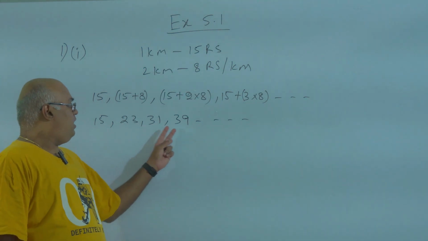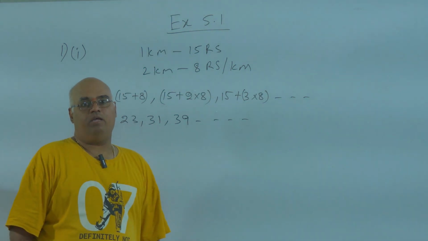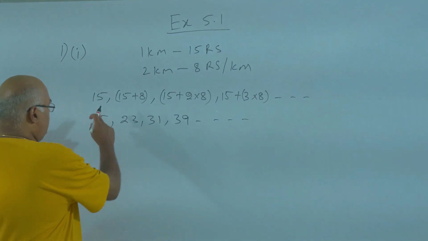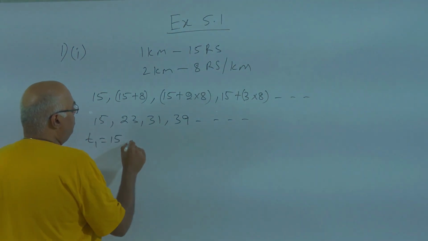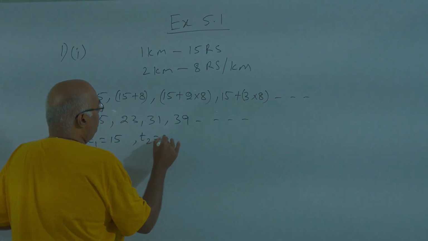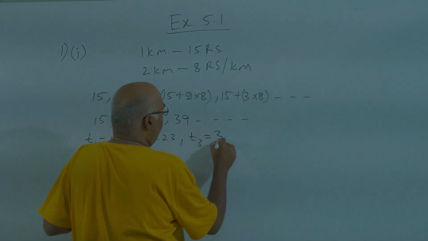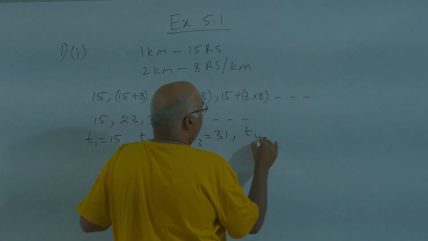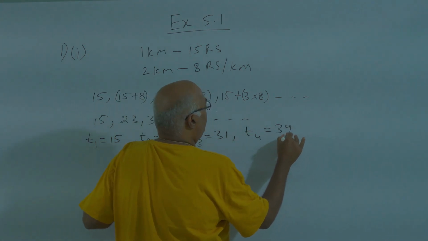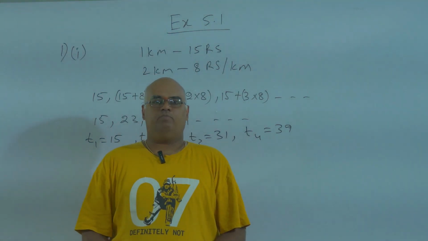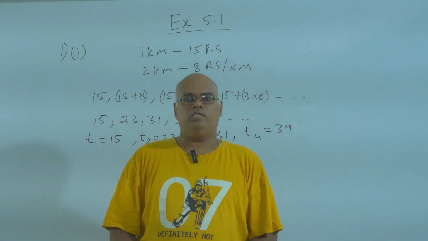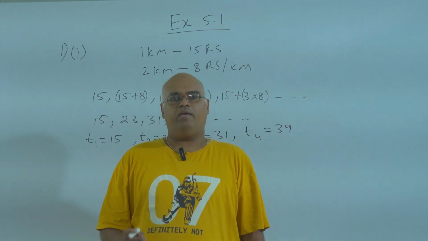Now we have to check whether this taxi fare is in arithmetic progression or not. I will take T1 equal to 15, T2 equal to 23, T3 equal to 31 and T4 equal to 39. To check whether the given fare is in arithmetic progression, you have to take one term and subtract its previous term.